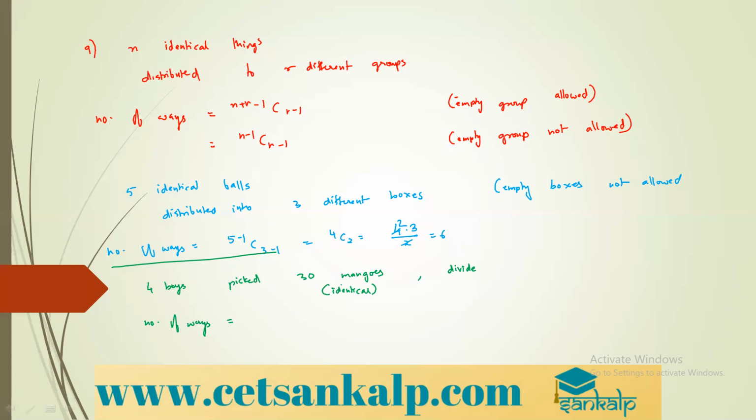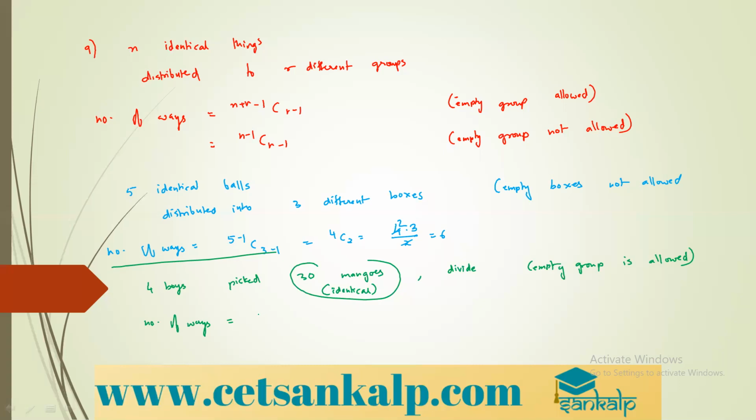So first thing is the mangoes are identical. Usually mangoes will be identical. So in how many ways can you divide? Here, when you are dividing, if I say an empty group is allowed, that means one boy will not get a mango at all. That is possible.